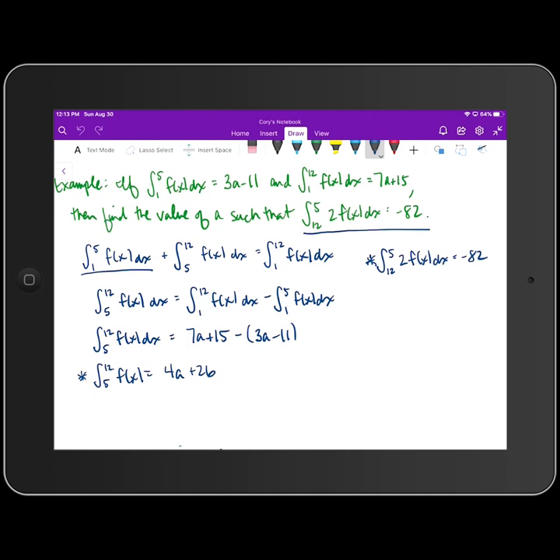So first thing I'm going to do is take the coefficient 2 and pull it out front. Next thing I want to do is switch the limits of integration. I want 12 to be the upper limit and 5 to be the lower limit. So the way I do that is by taking the opposite of the integral.